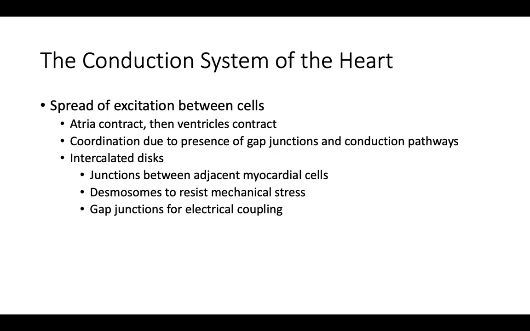So there really is a cyclical coordination such that the atria eject the blood down into the ventricle, the AV valves close, then the ventricle does its thing, the semilunar valves open, and then the semilunar valves close. There's that atrial contraction and ventricular contraction in a very coordinated fashion.